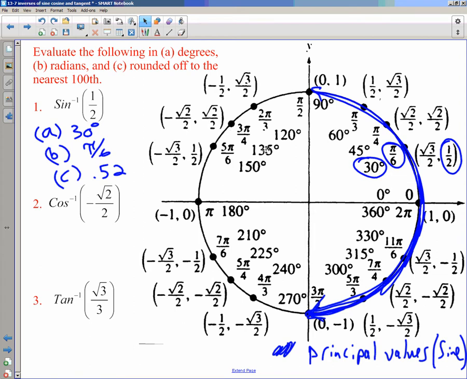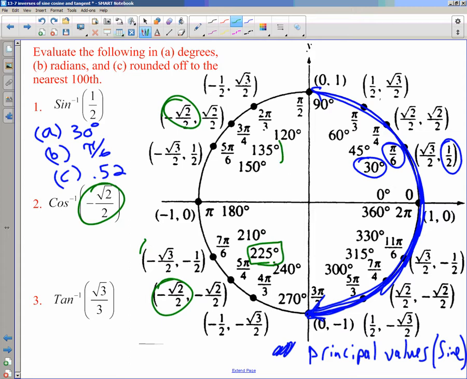That's the two times that cosine equals negative root 2 over 2. So circle it, I guess. Negative root 2 over 2. So the candidates are 225 and 135. Which one is the actual principal value? If either, what does the calculator give you?